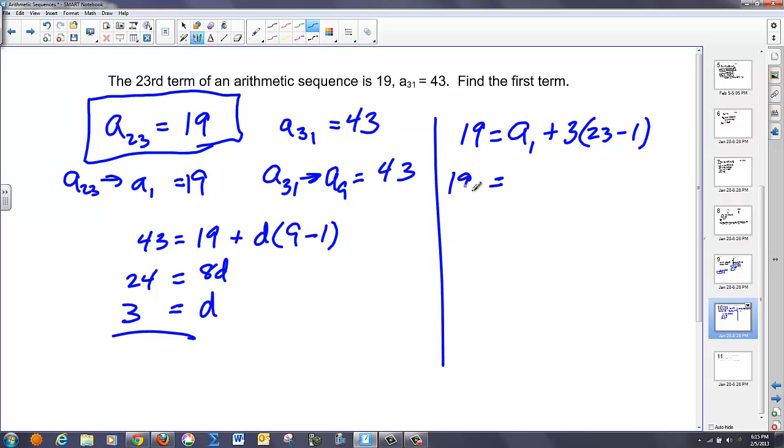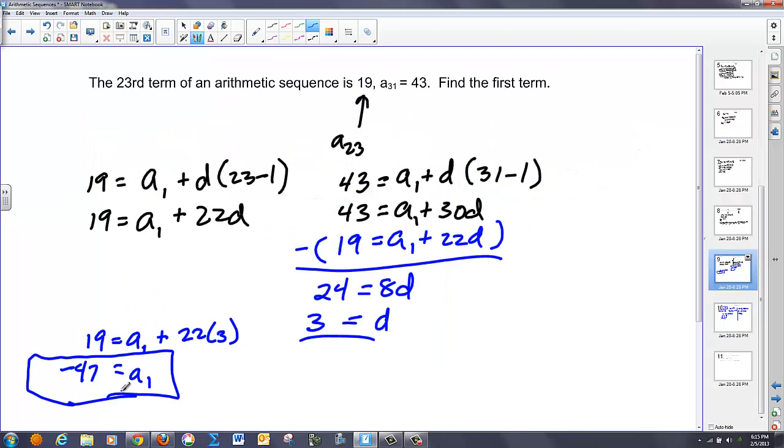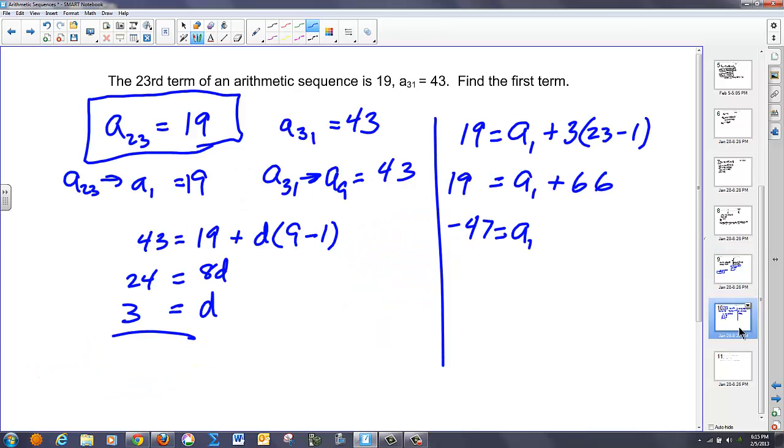So 19 is equal to the first term plus 3 times 22, or 66. If I take 19, subtract off 66, I end up with negative 47 for my first term. And if you look back at the last example, there's negative 47 as my first term. You can do it either way you like. Doesn't bother me. Just figure out a way that suits you.